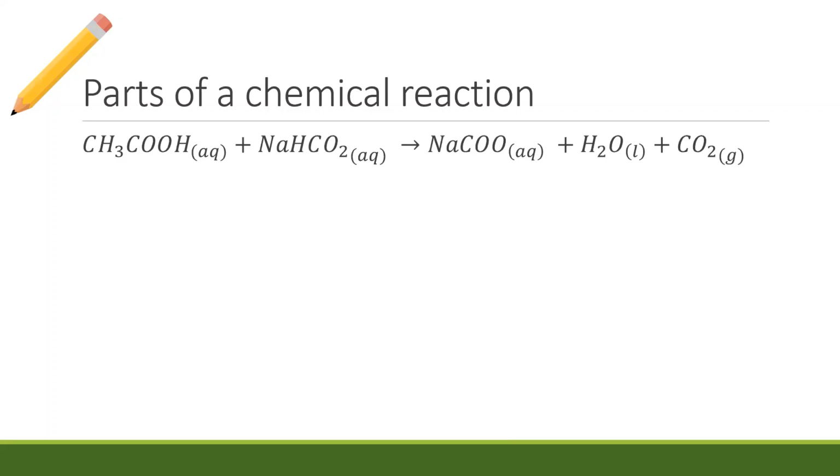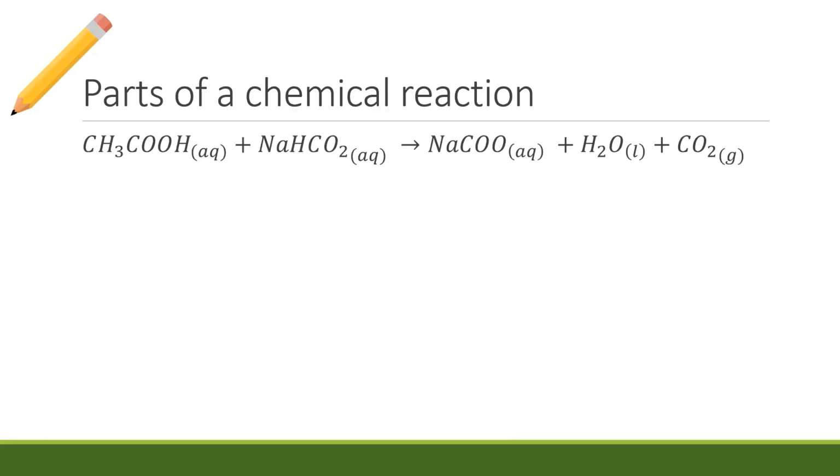Let's look at this big thing here. This is a chemical reaction. I could have chosen any chemical reaction, but I chose this one because you guys are in Year 10 now, and it actually means you can look at this. This is the classic vinegar reacting with bicarb soda. You may not have seen this in this way, but it is still a chemical reaction.